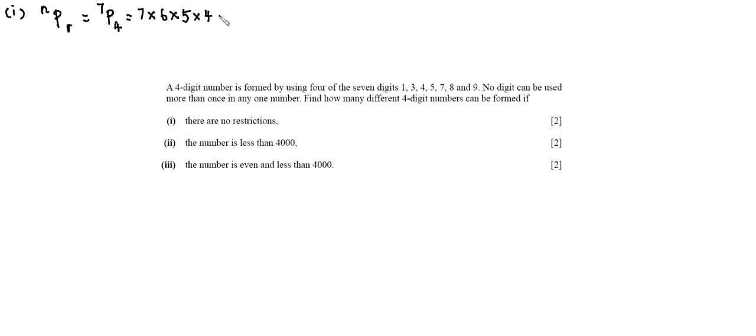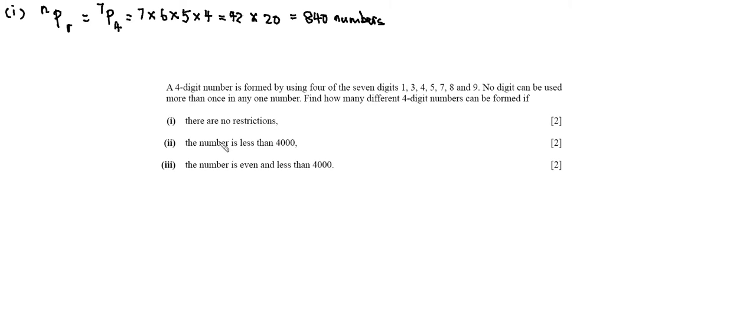So this gives you 42, then times 20, which gives you 840 numbers that you can form using 4 digits taken from these 7 numbers.